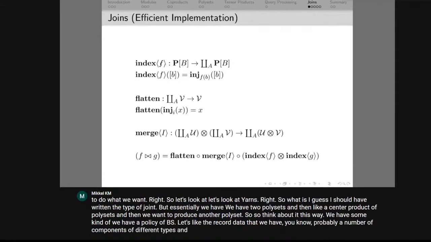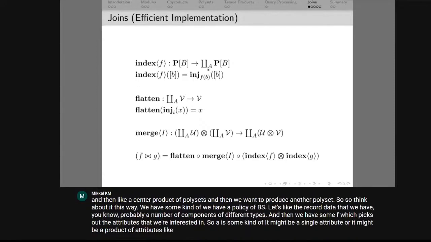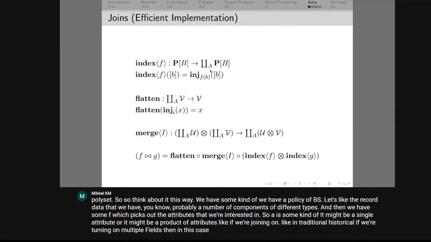Then we have some F, which picks out the attributes that we're interested in. A might be a single attribute, or it might be a product of attributes. If we're joining on multiple fields, like in traditional SQL, then A would be some kind of compound type. But F picks out the key that we're joining on.